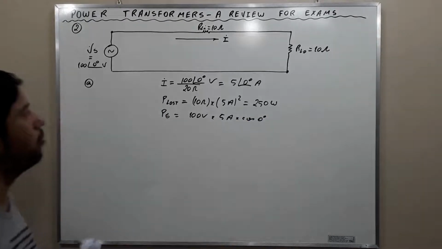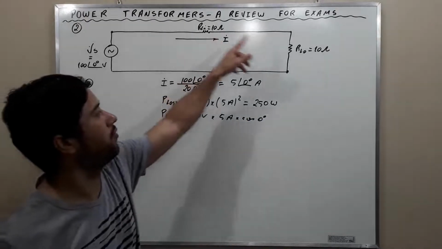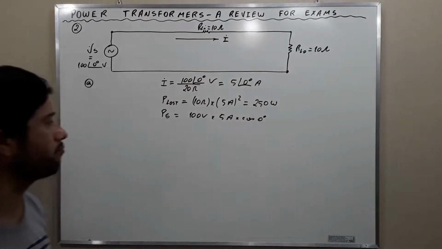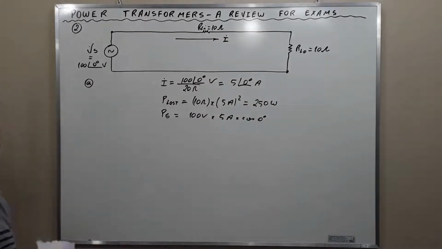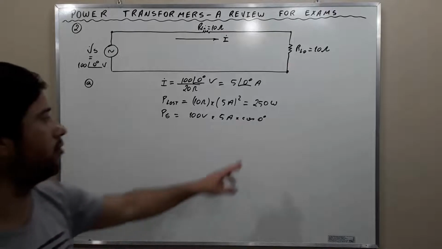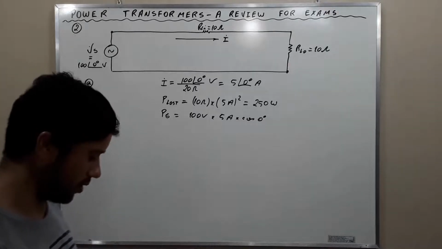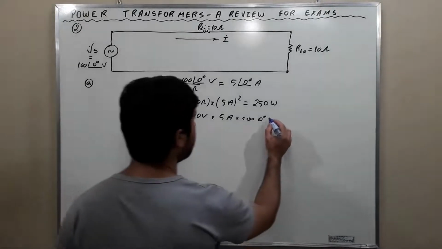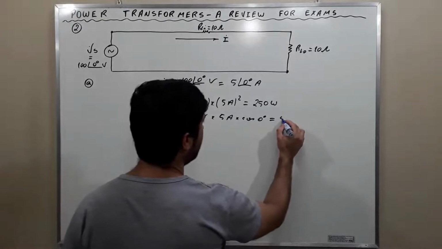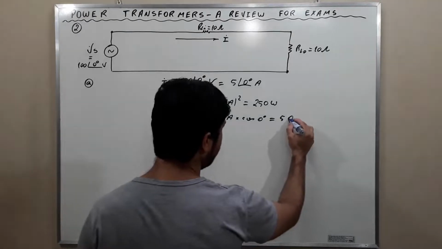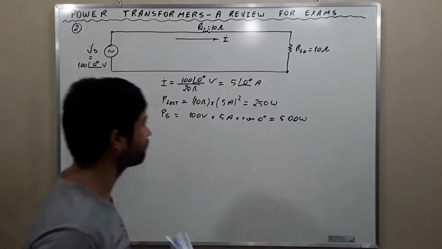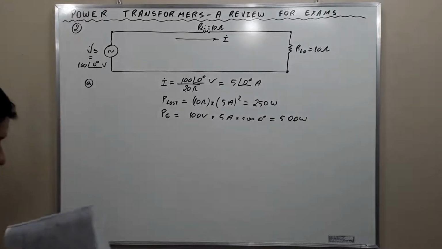As there are only resistive elements in the circuit, the power factor is 1. In other words, the angle is 0 degrees. Therefore, the generated power is 500 watts.